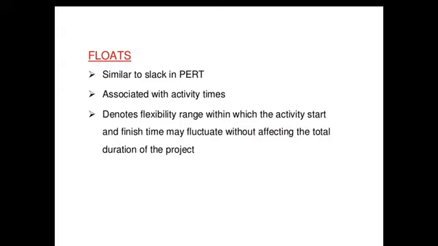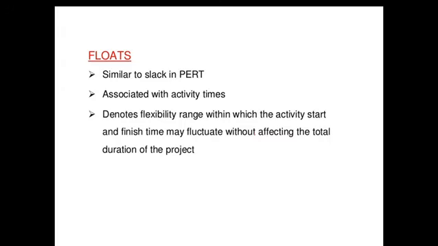Just as the slack denotes the flexibility range within which an event can occur, float denotes the range within which activity start time or its finish time may fluctuate without affecting the completion of the project. So, as these floats are associated with the activity times, what does this float say?